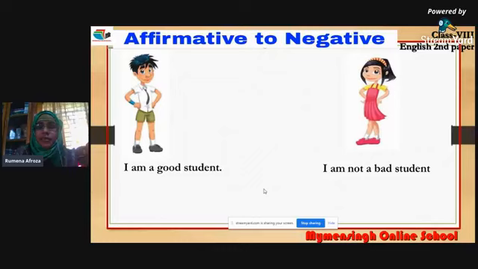The meaning is the same, but the structure is different. One is positive, affirmative, and in the second sentence we find that not is used.